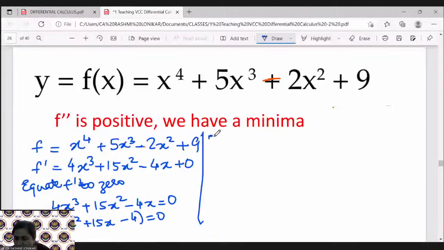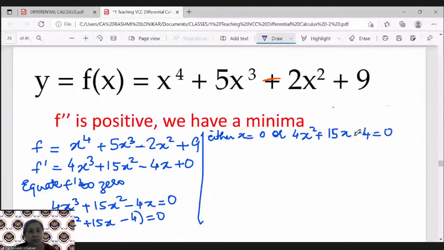This gives me either x is 0 or 4x square plus 15x minus 4 is equal to 0. This is a quadratic equation. I can solve this. So how much will I get? 16 and minus 1. Okay, so I have x plus 4 and 4x minus 1 is equal to 0.